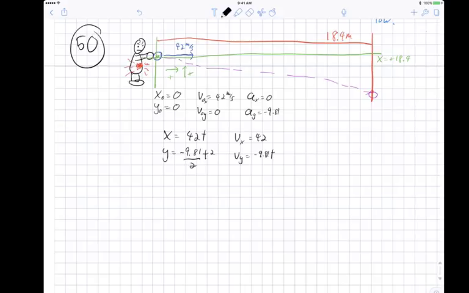Okay, so we want t at the batter. I want to figure out the time when it reaches 18.4.